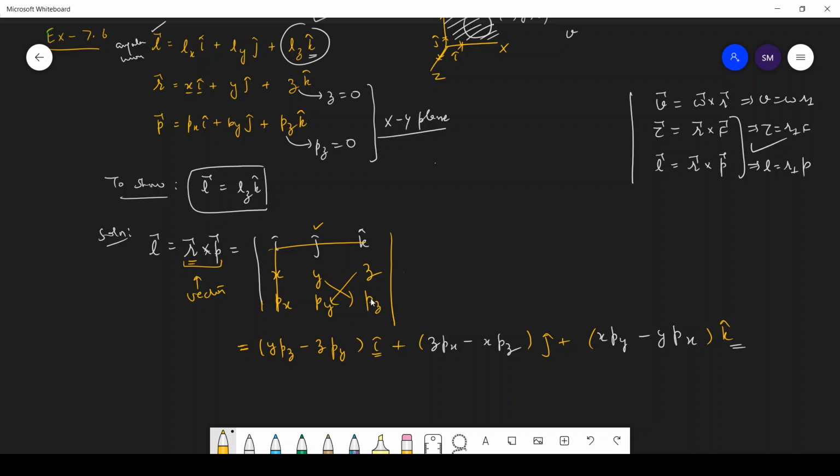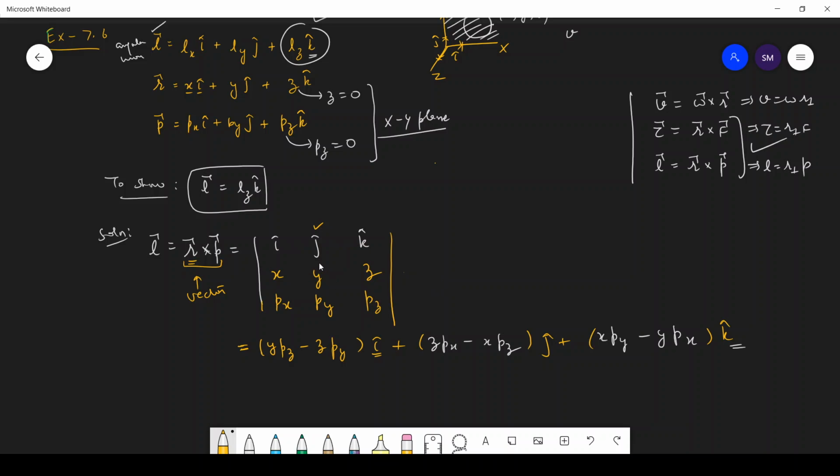In case of j, not starting from x but starting from z, and then this. And in case of k cap, same manner as i cap, so this minus this. In any way you can remember it.